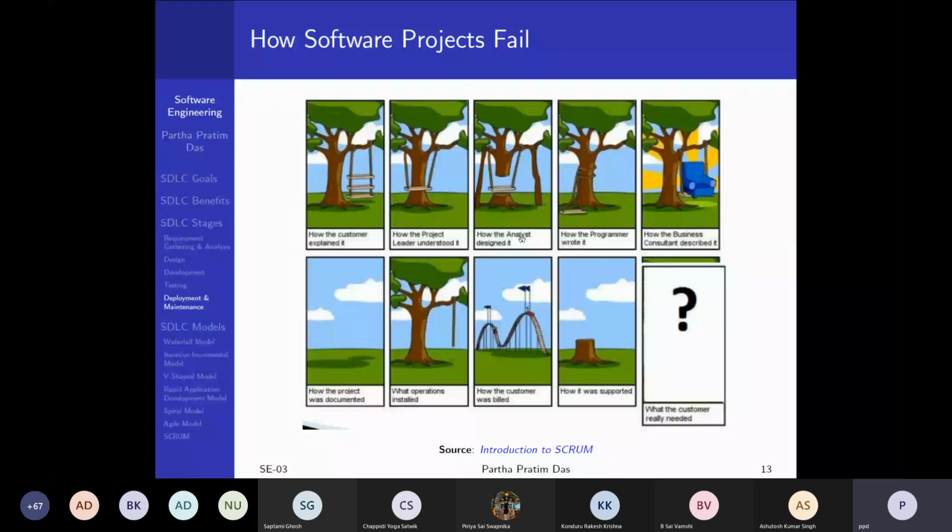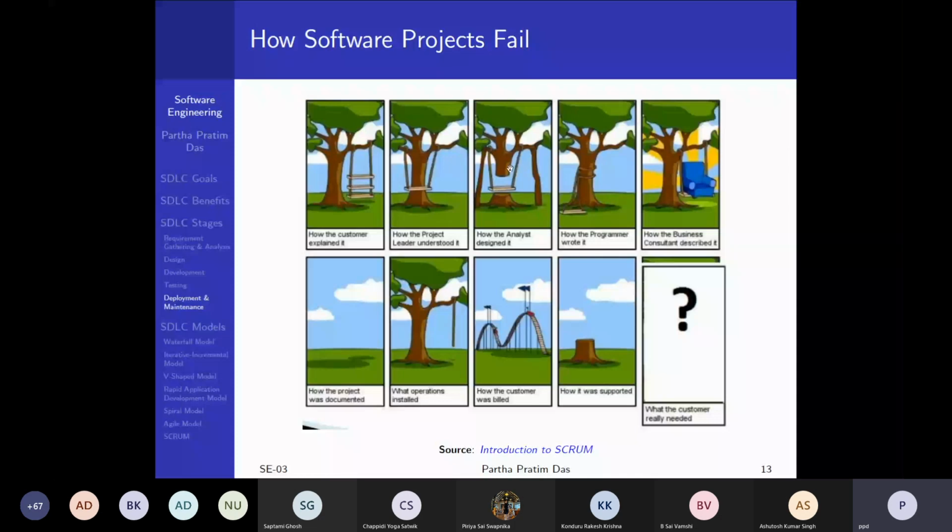From that understanding of the SRS, when the analysis happened, this is how the analyst designed it, because the analyst figured out that with the swing tied on both sides to the branches, it cannot swing. So it put extra support to hold the rest of the tree and cut this in the middle so that you can swing in the middle.